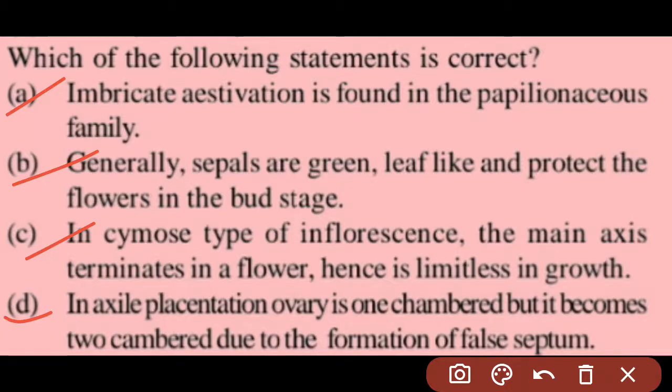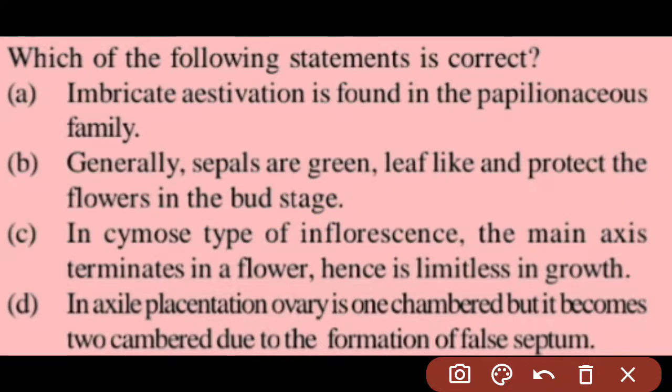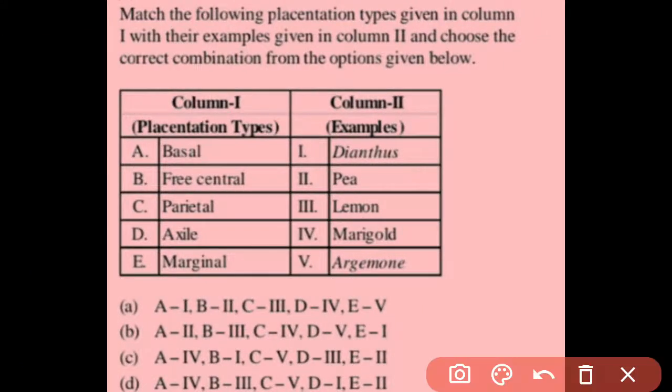And the last one is, in axile placentation, the ovary is one chambered, but it becomes two chambered due to the formation of false septum. So the correct option is option B: generally sepals are green, leaf-like, and protect flowers in the bud stage. Let's move on to the next question.